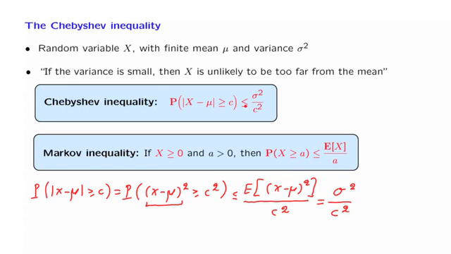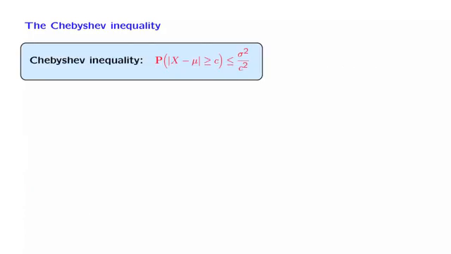As an application of the Chebyshev inequality, let us look at the probability of this event, that the distance from the mean is at least k standard deviations, where k is some positive number. Using the Chebyshev inequality with c replaced by k times sigma, we obtain sigma squared over c squared, which in our case is k squared times sigma squared, which is 1 over k squared.